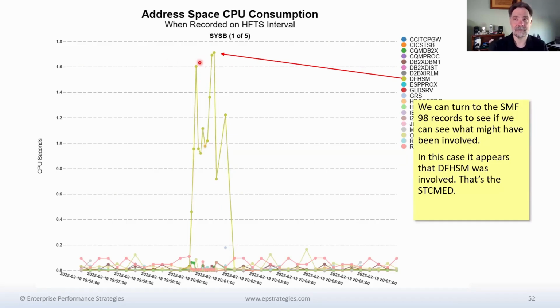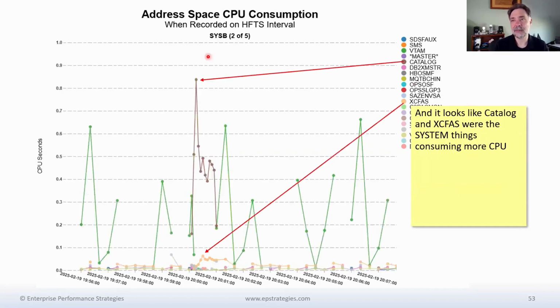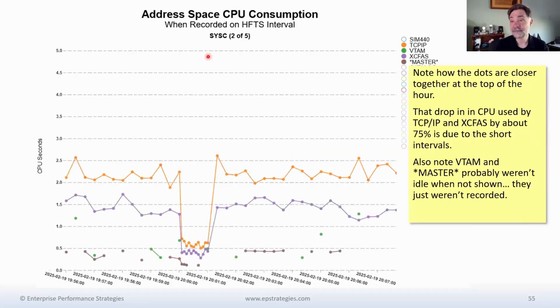And here we're getting up to close to 2, which would be 40% of a CPU. So you have to recalibrate your brain a little bit to remember what interval you're on. That CPU seconds figure looks like a small number, but relative to a small interval, it can be a significant portion of a CP.